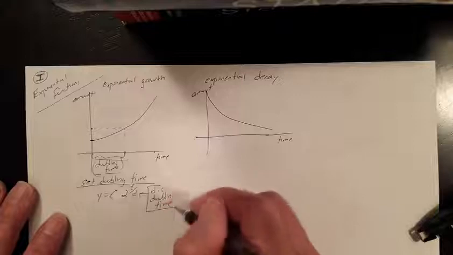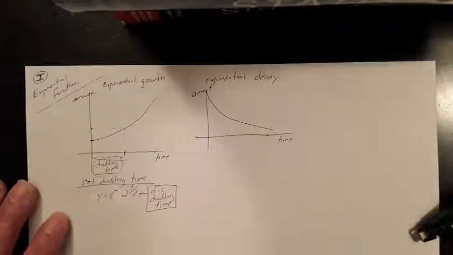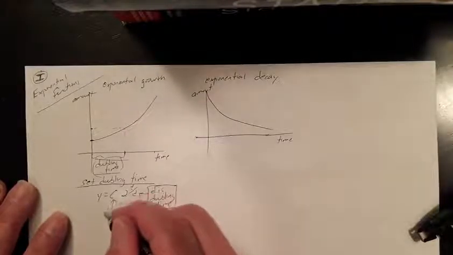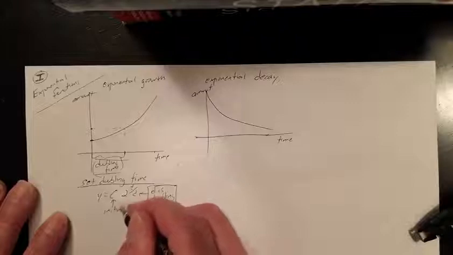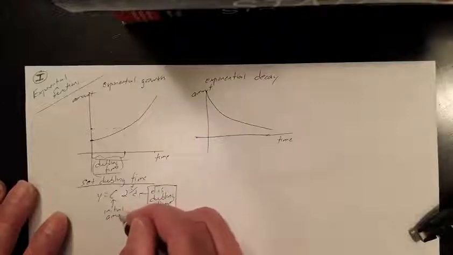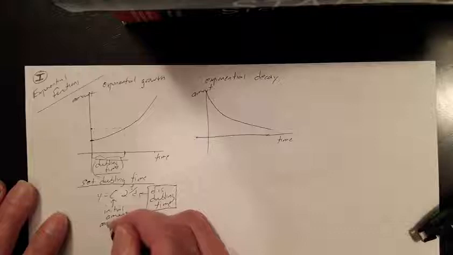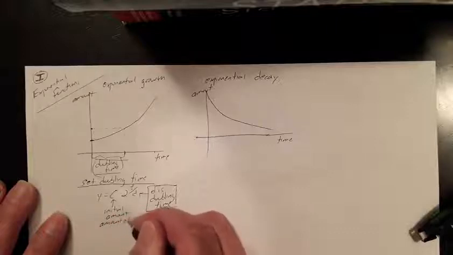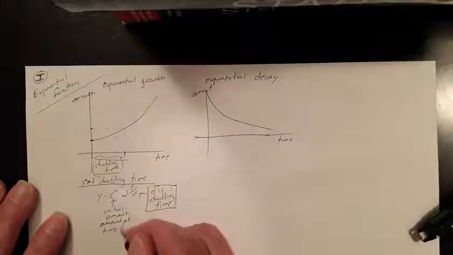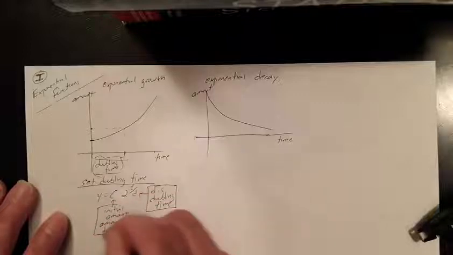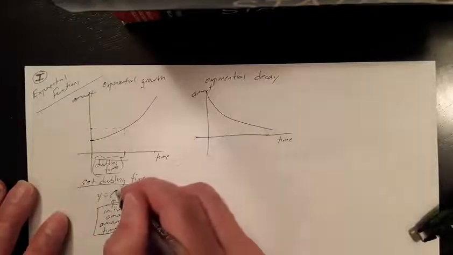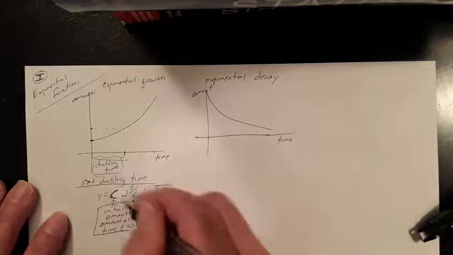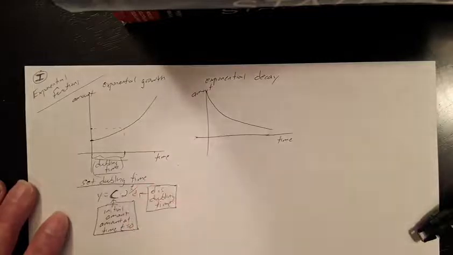Every exponential function can be written in terms of its doubling time like this. C is the initial amount. It's the amount at time 0. That's a C times 2 to the t over d.